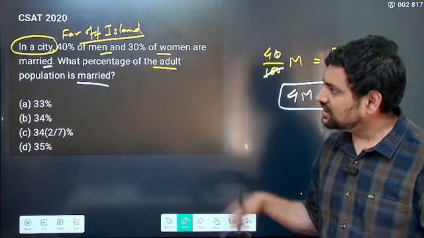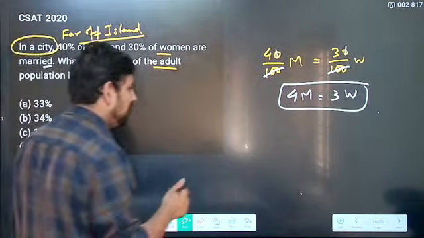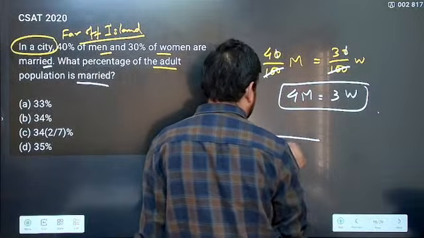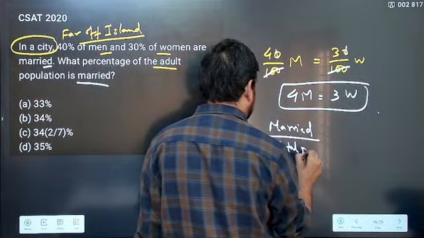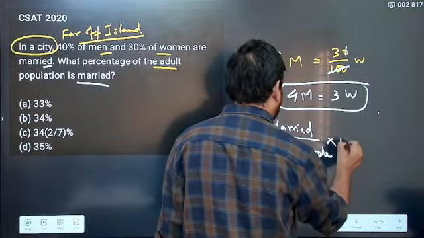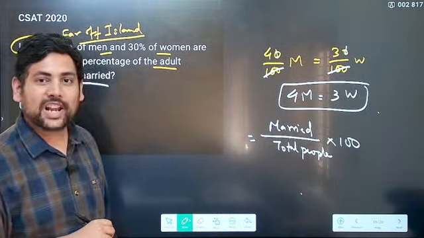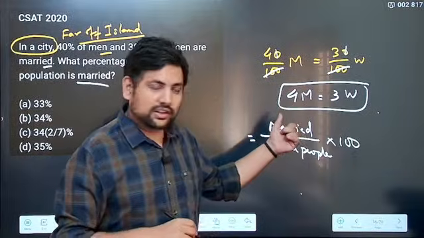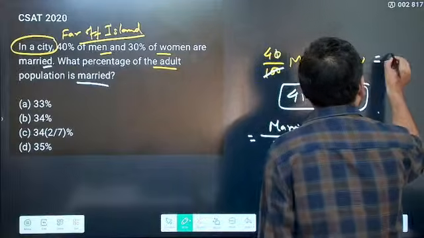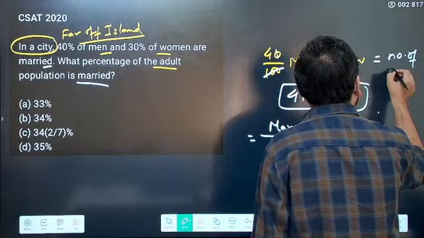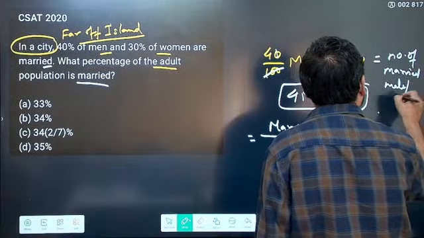Then what is the percentage of the adult population that is married? This is now very simple. Here I write married, and here I write total people, into 100. This is what I am trying to find. How many people are married? 4m is equal to 3w is equal to the number of married males or females.